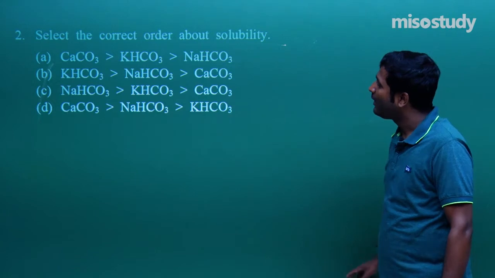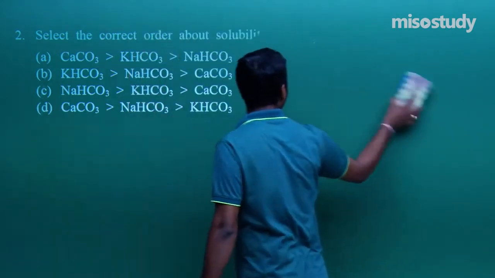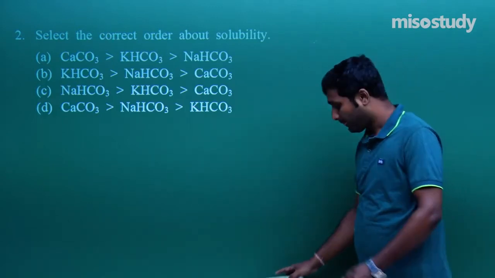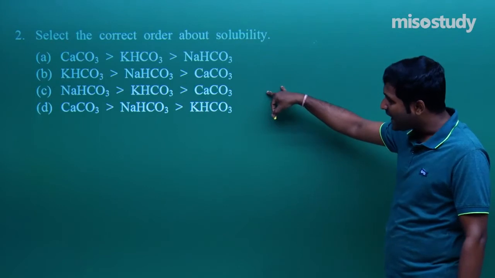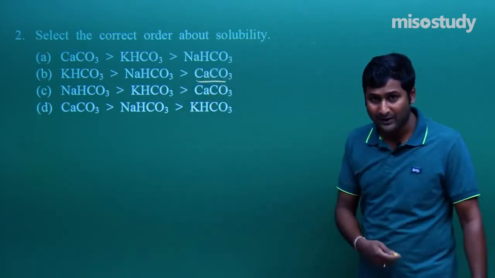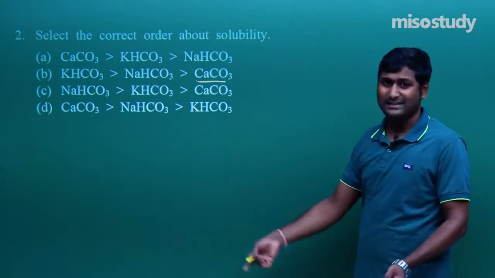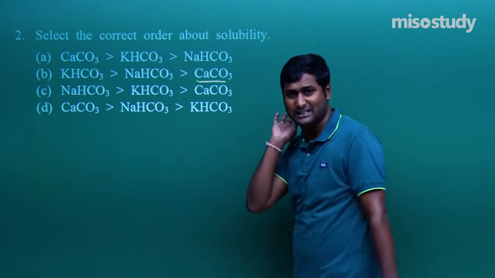Next question. Now select the correct order of solubility. Now what to do, tell me? Listen carefully. Look at carbonate and bicarbonate. In the case of calcium carbonate, we know calcium carbonate is completely insoluble. This is the simple thing. This is a GK type question.